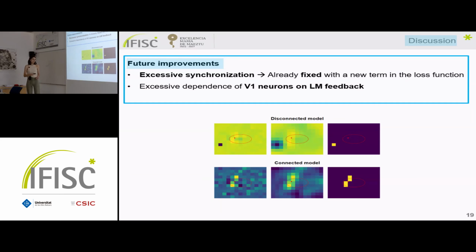This is something that is not biologically realistic, and it's probably caused by the fact that we trained the model all together, so that the model is realistic when we make simulations with the whole model connected, but not when we cut some connections. So a possible solution for this might be to try a sequential training where we first train V1, and then we train the rest of the model.